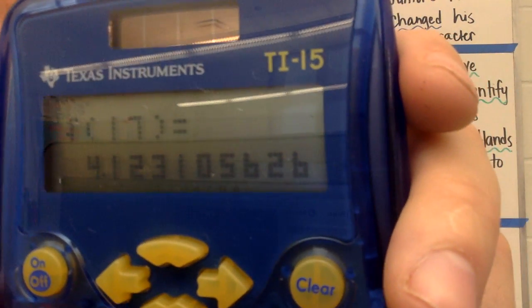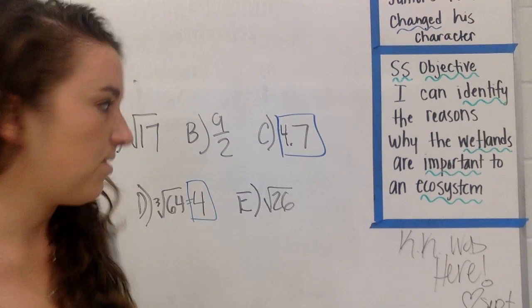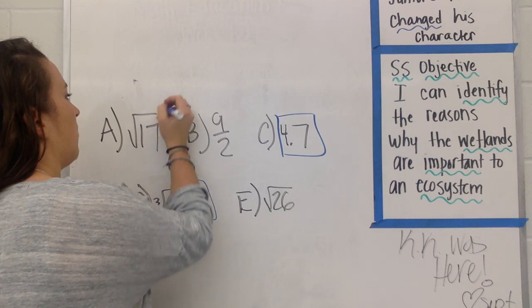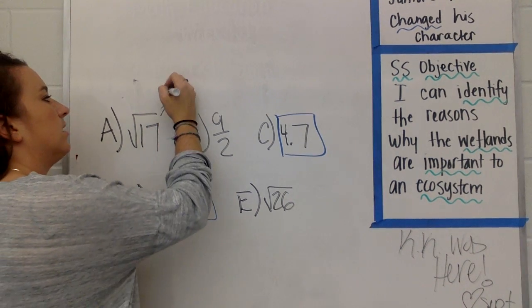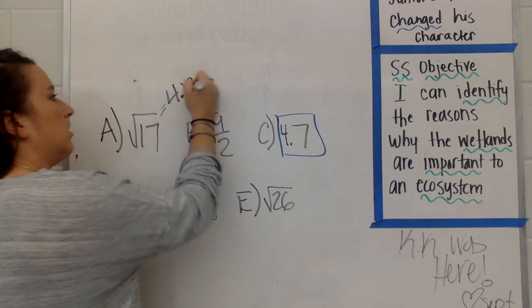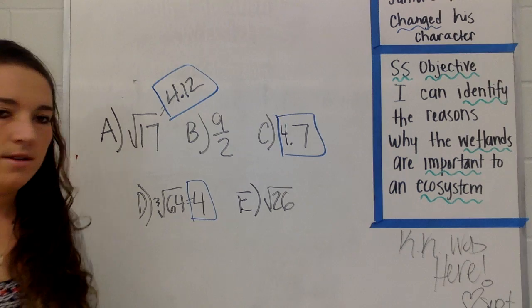So it says the square root of 17 equals 4.123. I just want to take it up to the 10th place, so I'll just do 4.12. So now I have another number that is ready to be ordered.